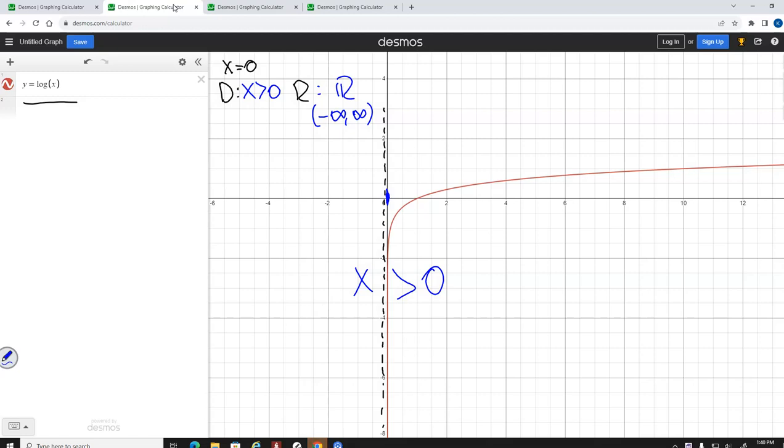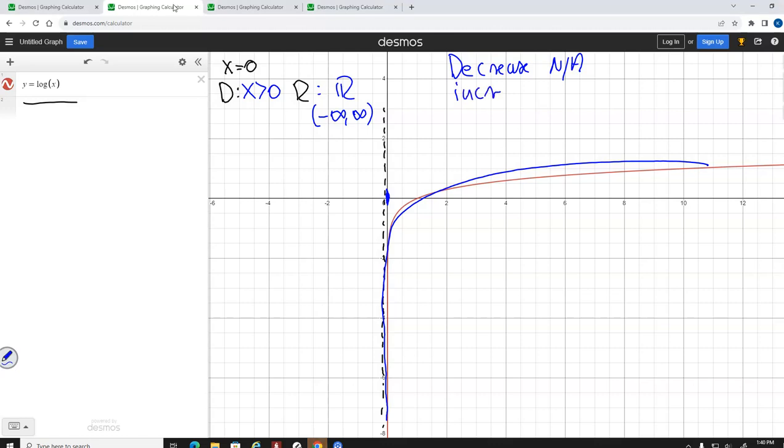All right, now we have intervals of increase and decrease. So again, this function, reading it left to right, is increasing. So for decrease, I will have NA, doesn't exist.